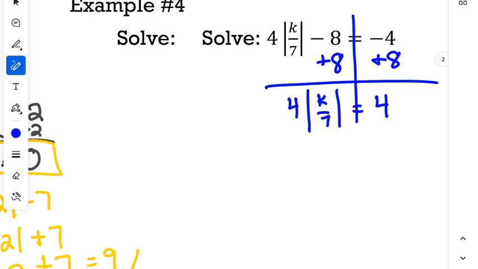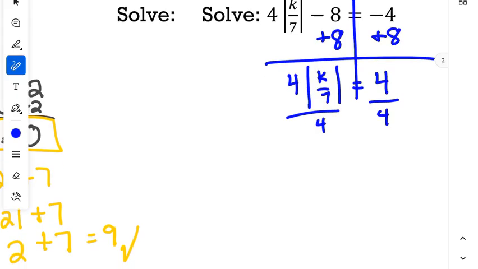So how do I get rid of 4? Yeah, we're going to divide this thing by 4. So I have absolute value of k over 7 equals 1.